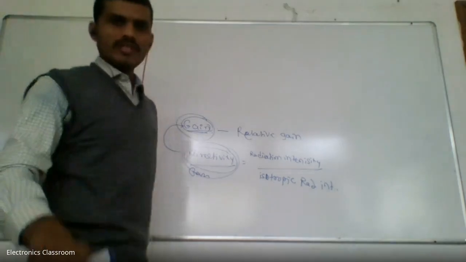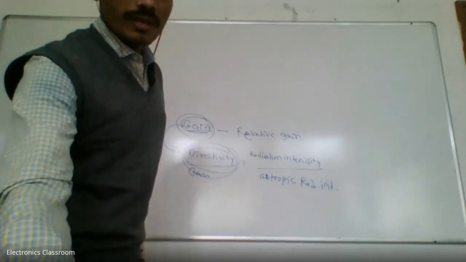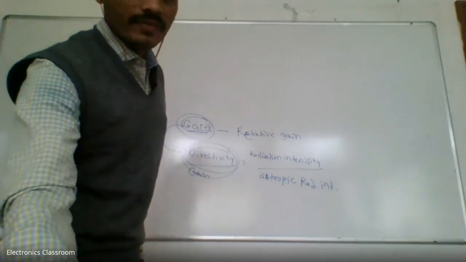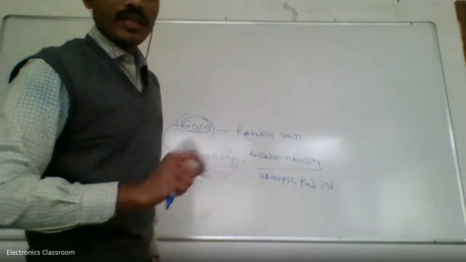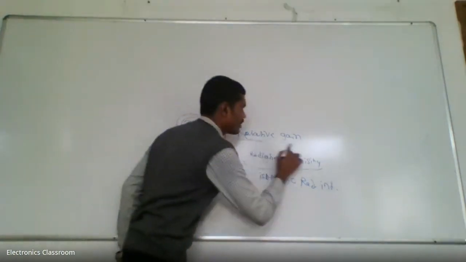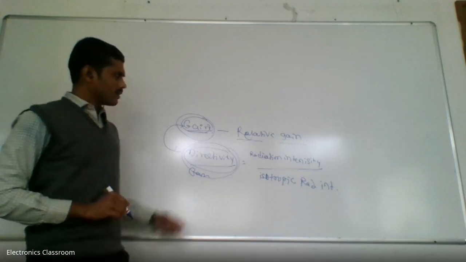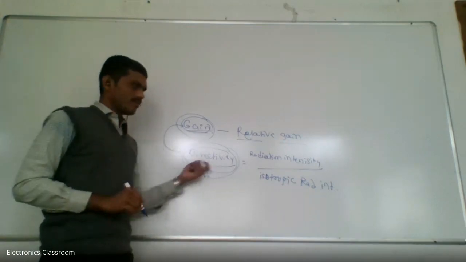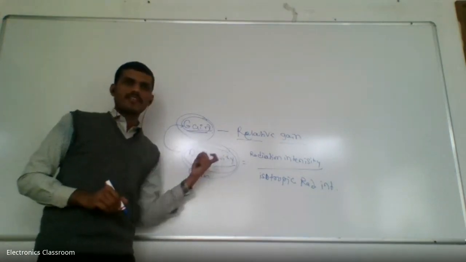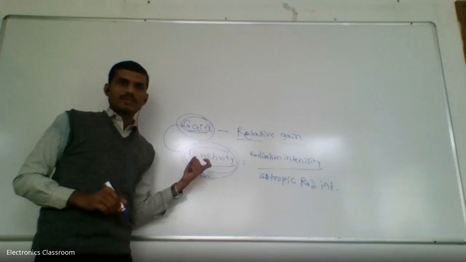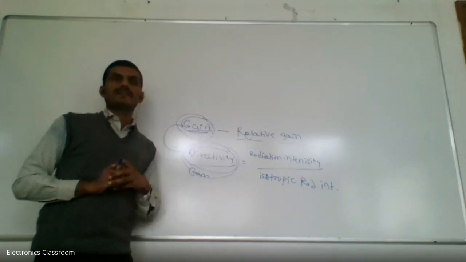So we are going to discuss two different concepts, that is gain and relative gain. Now when gain is calculated, your directivity takes into account the efficiency of the antenna also.